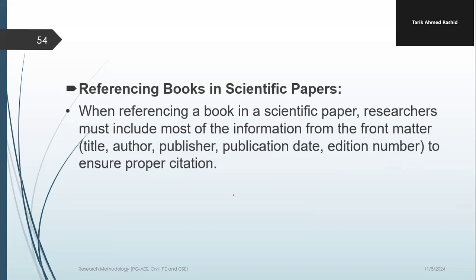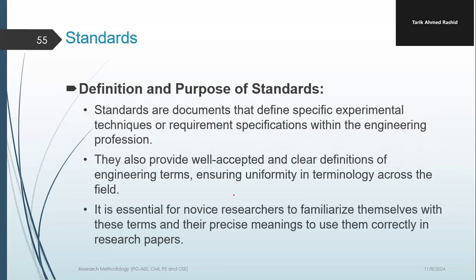Referencing books in scientific papers. There's also another type of publication called standards, which are documents that define specific experimental techniques or requirement specifications within the engineering profession. They also provide well-accepted and clear definitions of engineering terms.